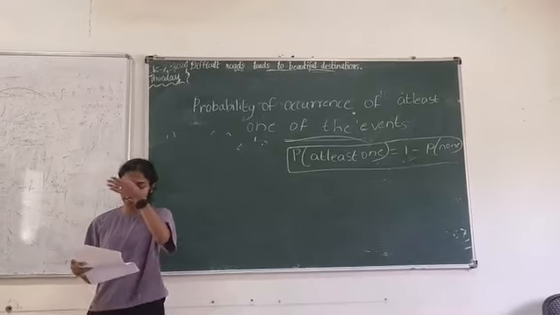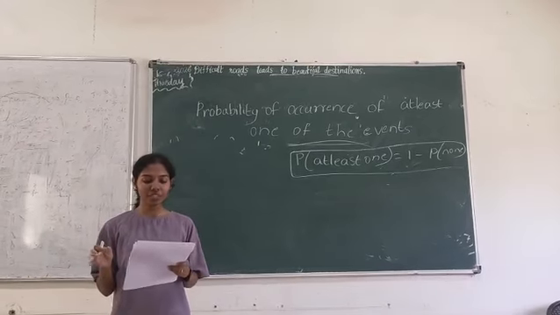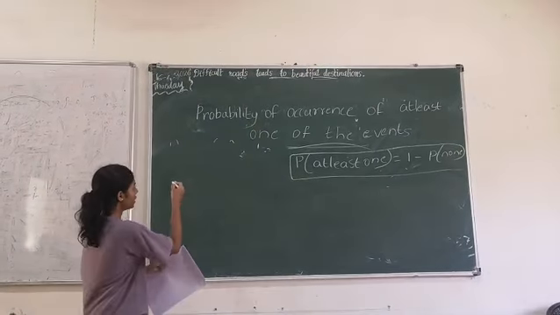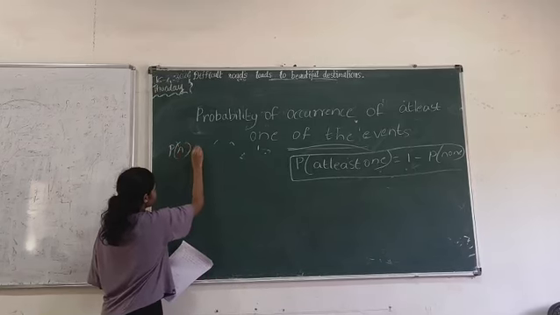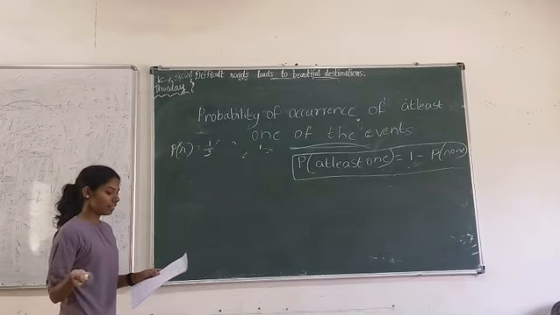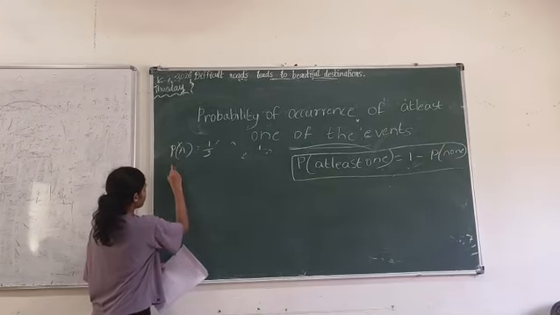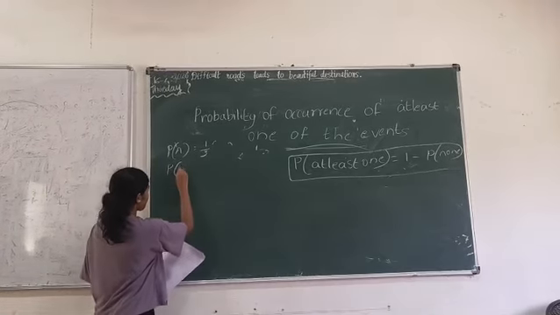So second question is, a student attends 3 interviews. Probability of clearing first is 1 by 3. P of A is 1 by 3. Probability of clearing second is 1 by 2, and it is given that first is failed.